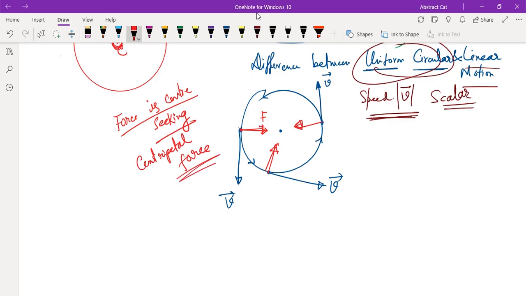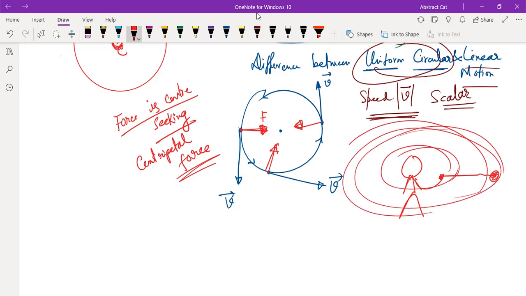Suppose a person rotates a stone on a string. The stone also rotates, which means the person needs to apply a huge force.